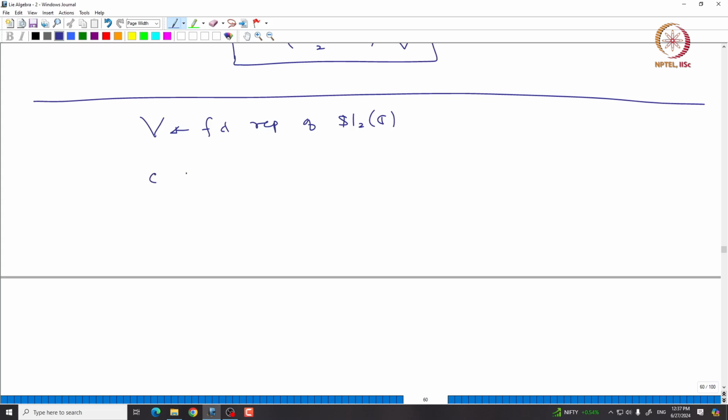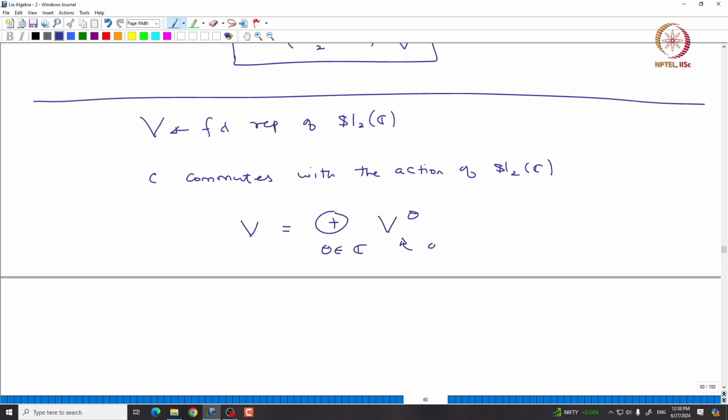Since C commutes with the action of sl2(C), in particular we can decompose V into the direct sum of V_theta, where theta runs over C. This is the generalized eigenspace corresponding to the eigenvalue theta for the operator C.